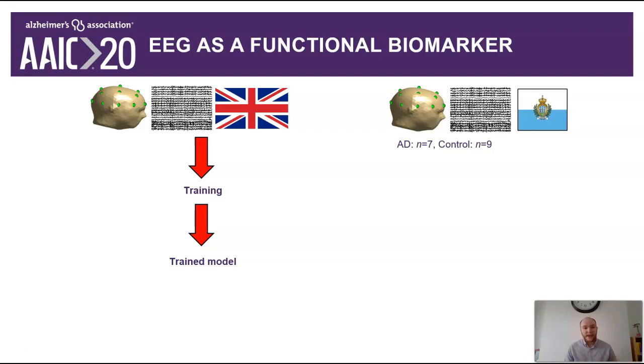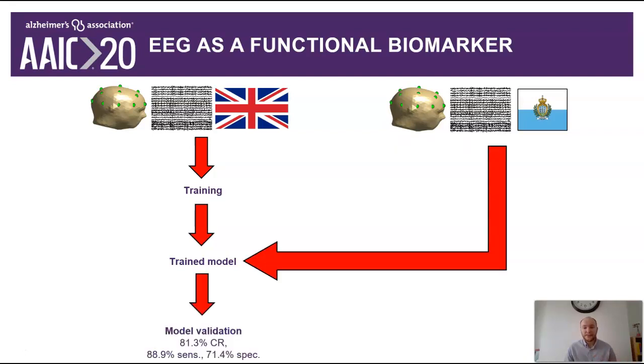This EEG has not been analyzed at any stage throughout our analysis. And so we ran this data through our trained classifier. And we found that once again, the classification rate remains greater than 80%. It remains high. So this suggests that our model is robust to new data, specifically geographically distinct, independent cohorts of data.